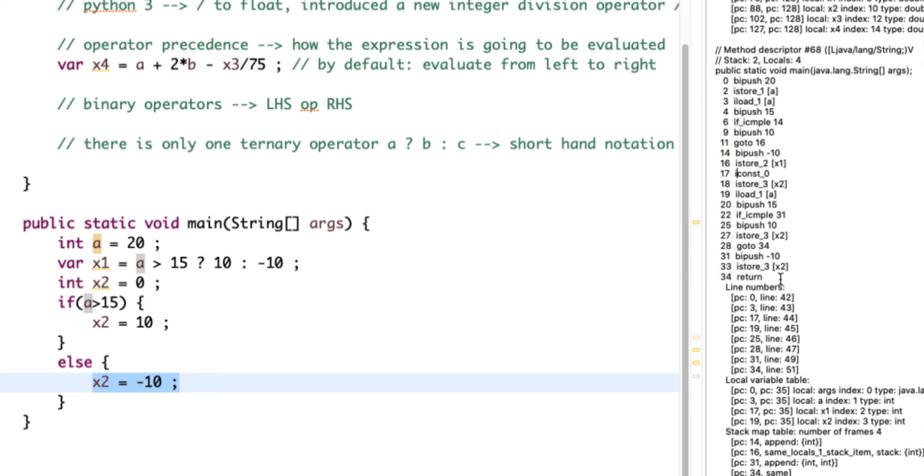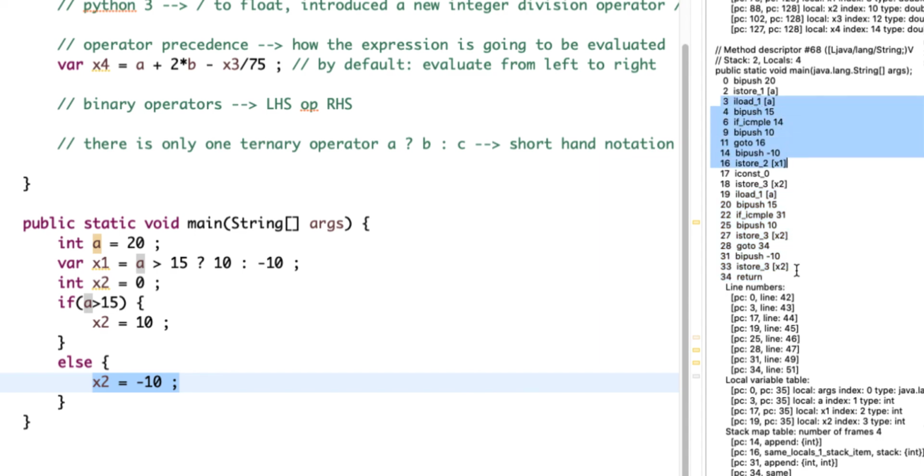So if you look at this code, for example, this part where we load A, and then we push the condition, and then we push 10, and then go to istore 3, this 19 to 34, and then from where we load all the way to this. These are pretty much identical.